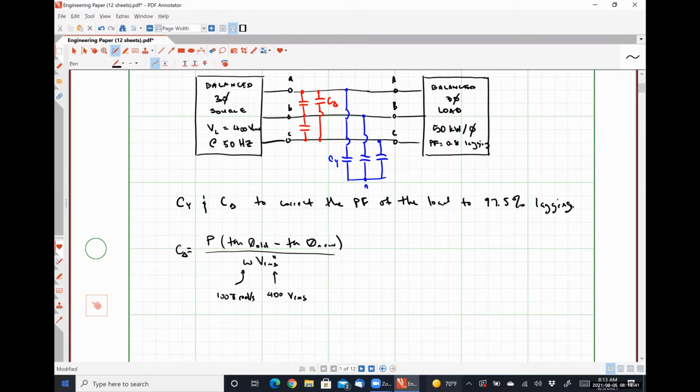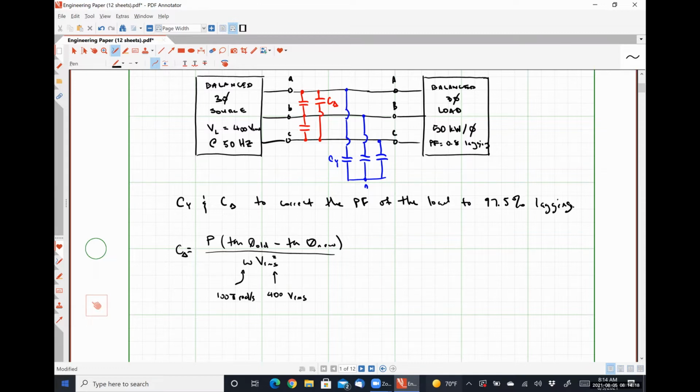What about the average power? They give that to us. 50 kilowatts. This is 50 kilowatts per phase, which is exactly what we're looking for. If we were told instead that our load absorbed a total of 150 kilowatts over 3 phases, we would need to convert it down to a per phase basis, because each capacitor is only going to correct one phase of the system.